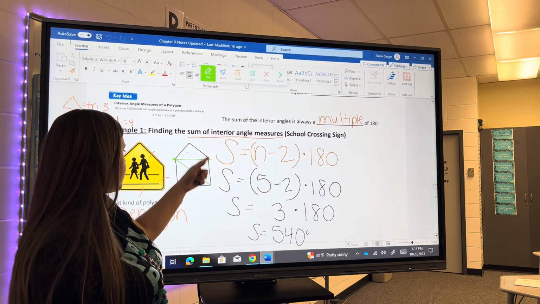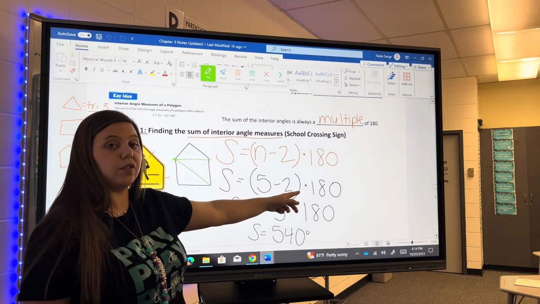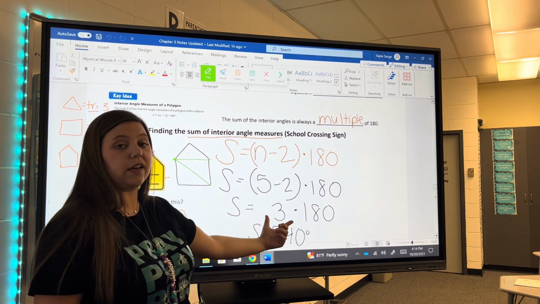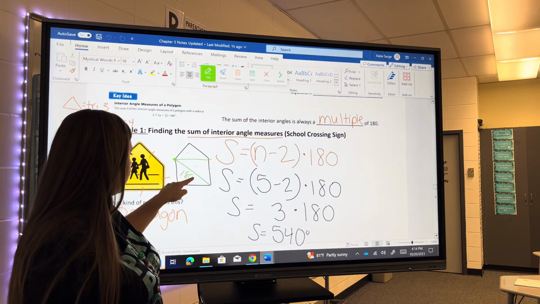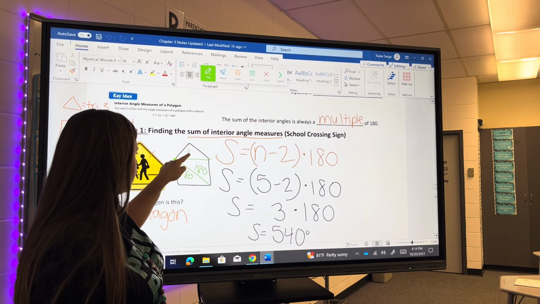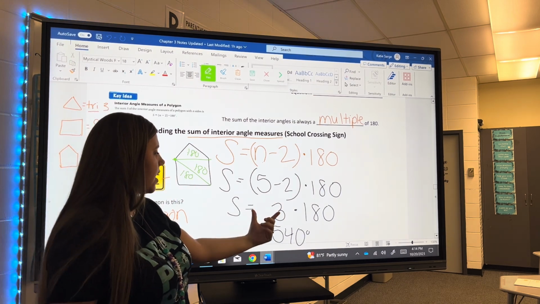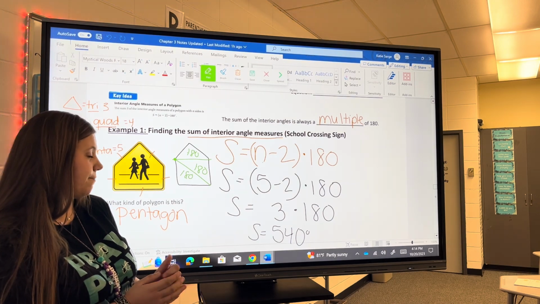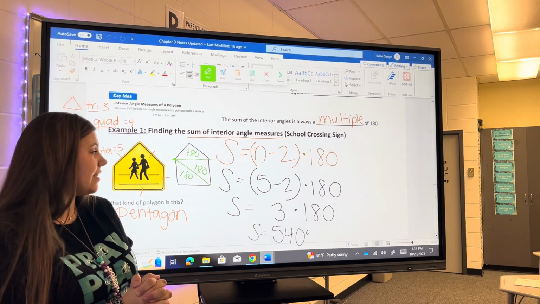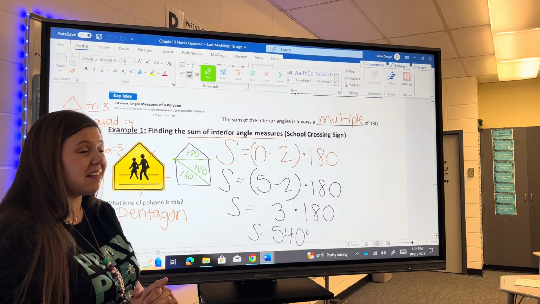Take the number of sides, 5, and subtract 2. When I do that, I get 3. I have 3 triangles, which are each 180 degrees, which is why I can just take that 3 and multiply by 180 to get a total of 540. All right, hopefully you're following along.